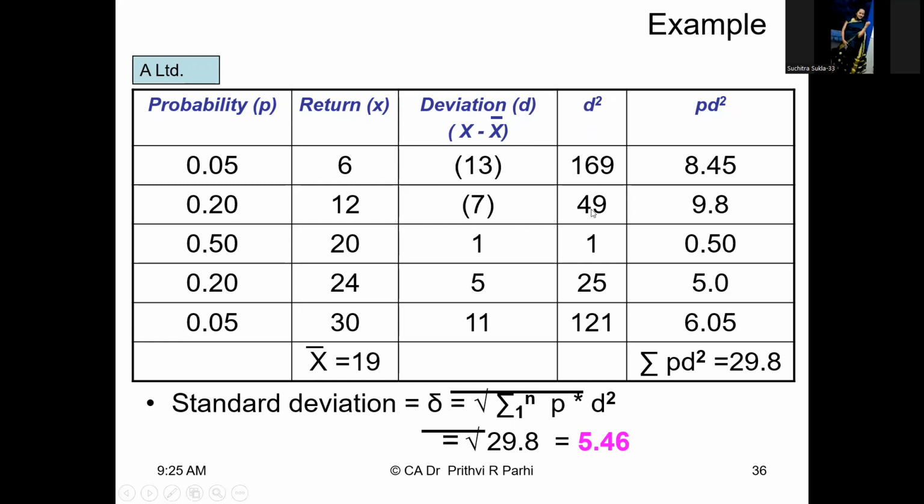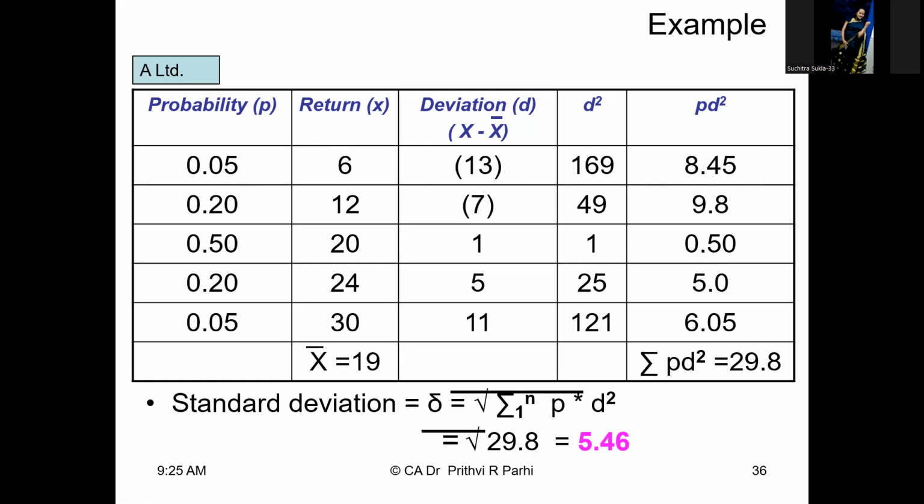These are the same numbers squared. Then they're multiplied with the probability into D square. We call it PD square. PD square figures are appearing. Then we are taking the total sum of PD square. This is 29.8. This is called the variance. And if we take the square root of that, it will come to 5.46. This is what we call the risk.